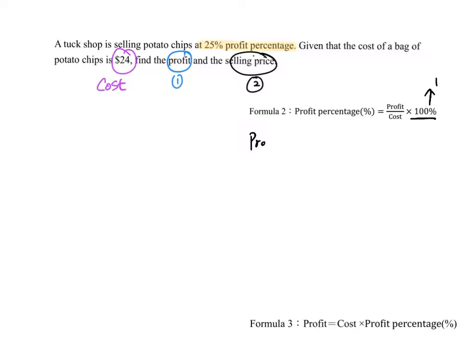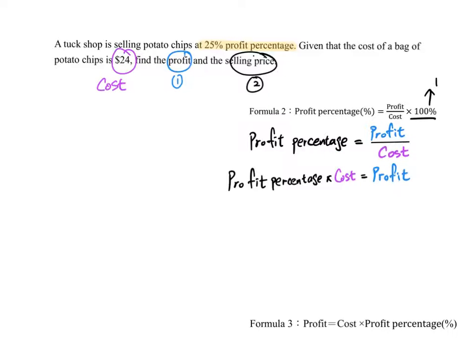So for the next step, we can have profit percentage is equal to the profit over the cost. Now, just like solving an equation, I move the cost to left hand side. After transposing term, you can see that the profit is equal to cost times profit percentage. It is the same as Formula 3.